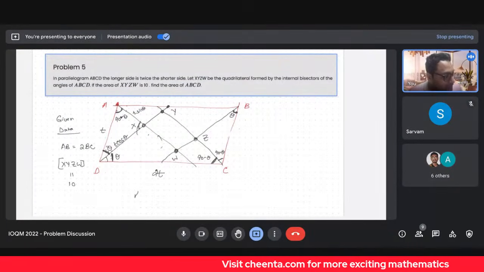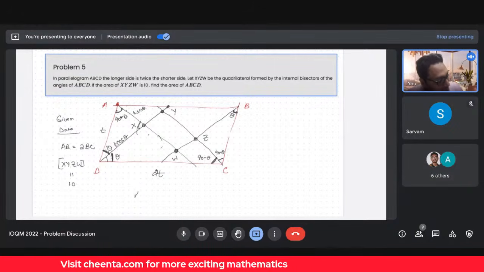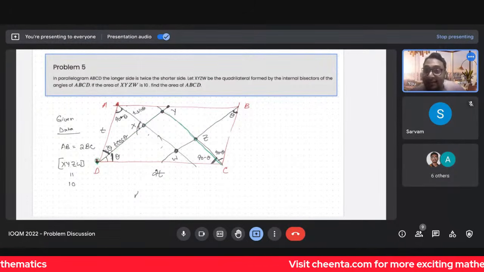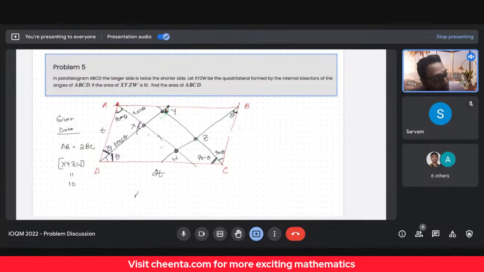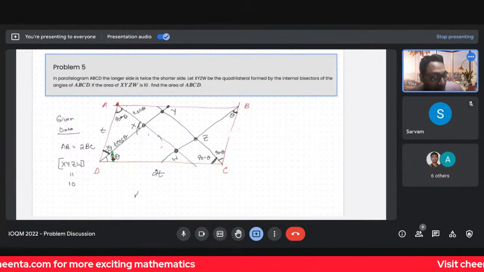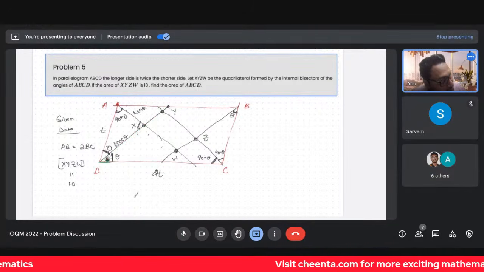Now look at this particular triangle. That's the trick. You look at triangle DYC. This is also a right triangle. This is 2t, this is angle theta, so this much is 2t cosine theta.